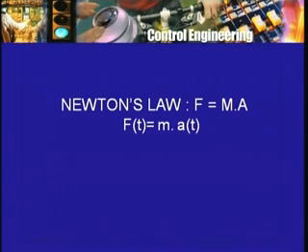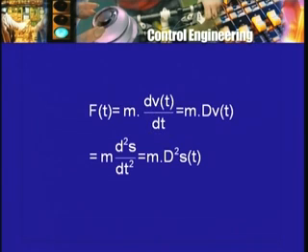But since the acceleration may vary with time, the force may also vary with time, one will have to write F of t, the force associated with the mass or acting on the mass, equal to the mass of the body multiplied by the acceleration of the body at that moment of time t. And because acceleration itself is a rate of change of velocity, and velocity is a rate of change of displacement or position, therefore ultimately we may write this as m dv/dt at t, or therefore with the d notation m into dv at time t.